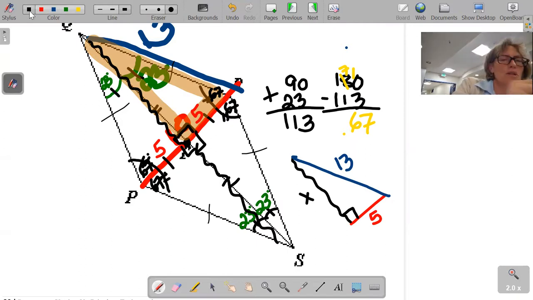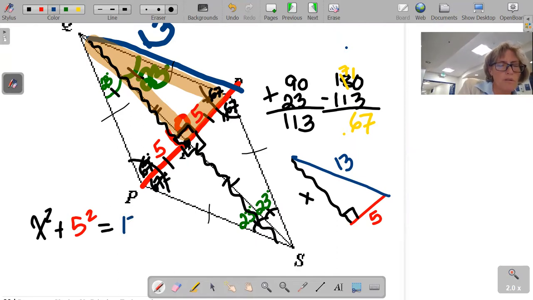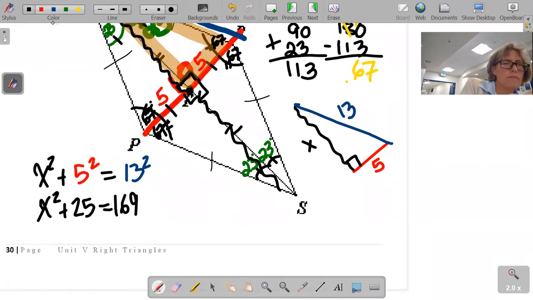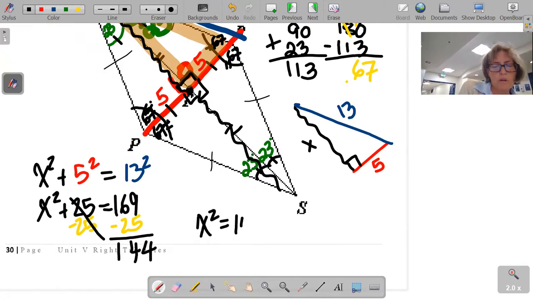So this is going to be x squared plus the other leg squared, 5 squared equals 13 squared. We have x squared equals 144.